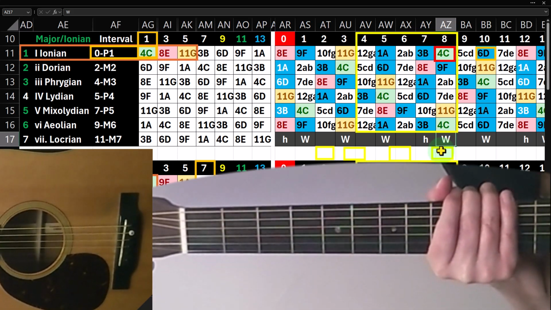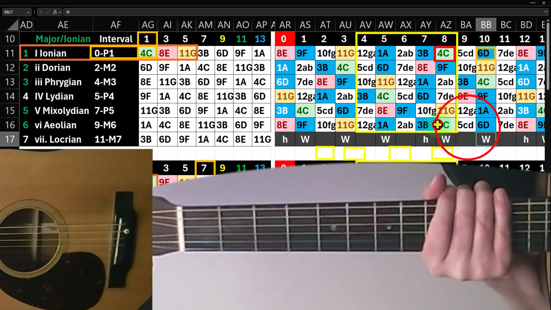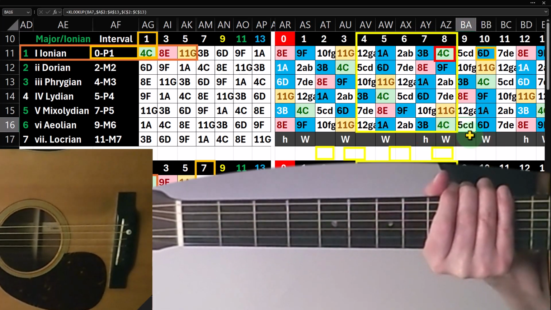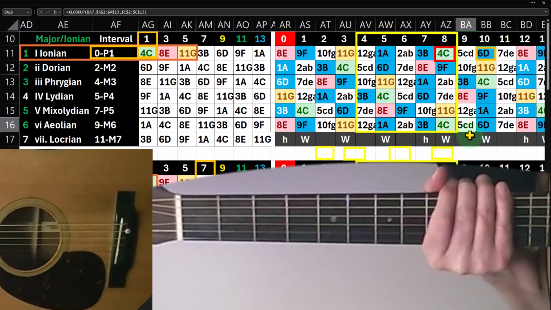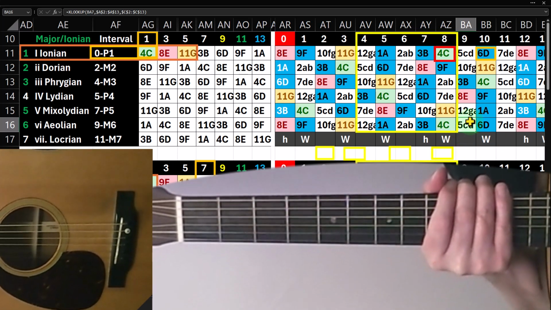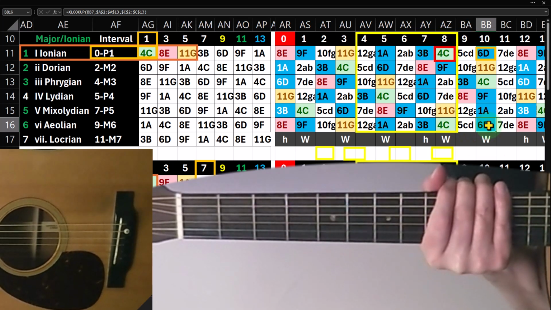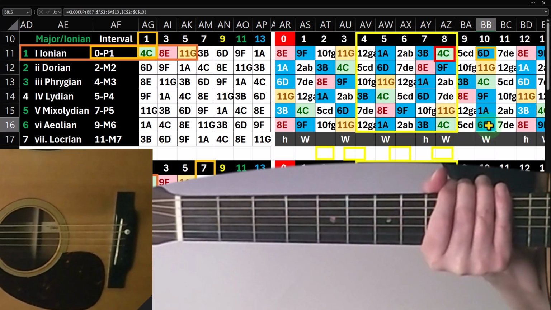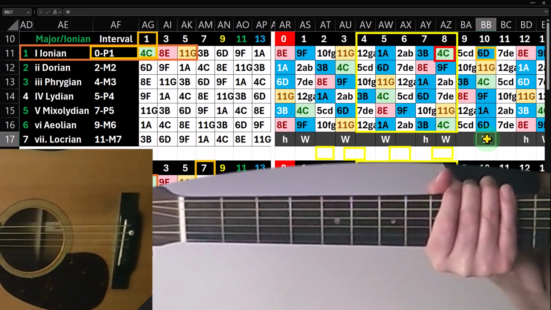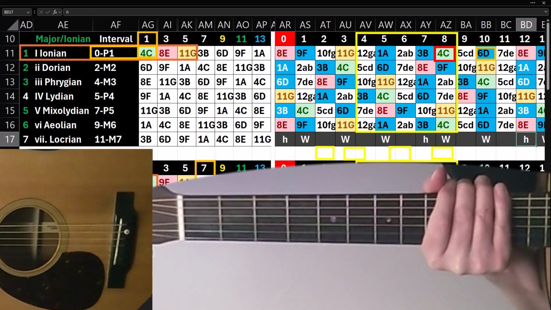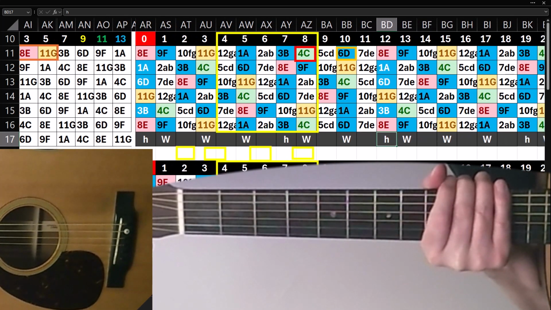So I go 2 notes up from the C to the D. I skip this note, which can be named either C sharp or D flat. This would be just like on the piano. This note on a piano would be the black key, the one that you could skip if it was in C major.